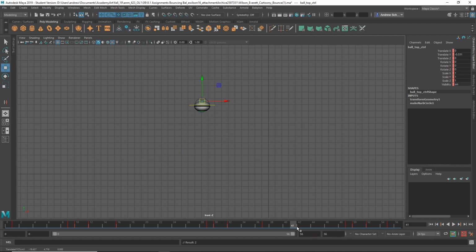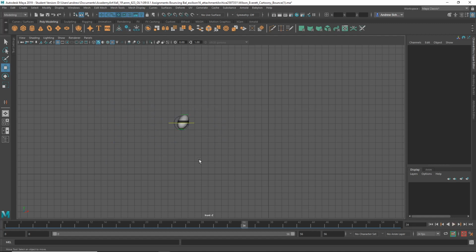And then, by the middle of the bounce, it should be 0. I just have auto keyframe on, so it's automatic. And then again, okay, so let's take a look at that so far.